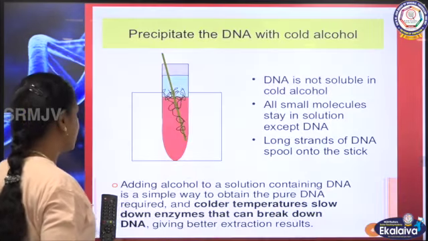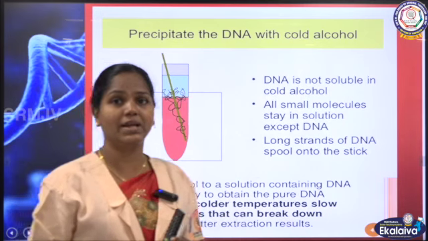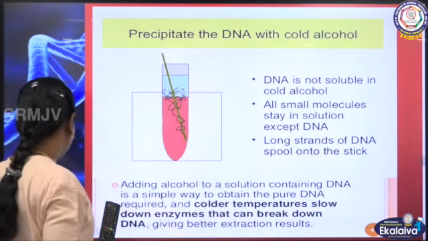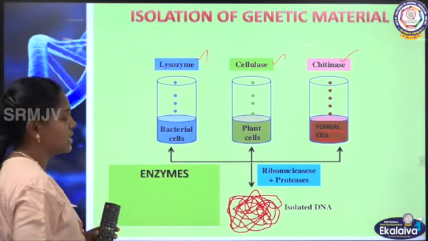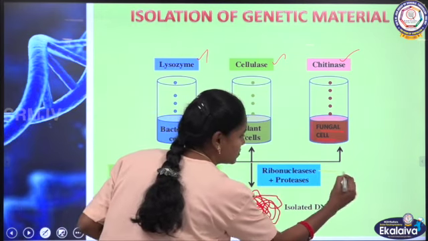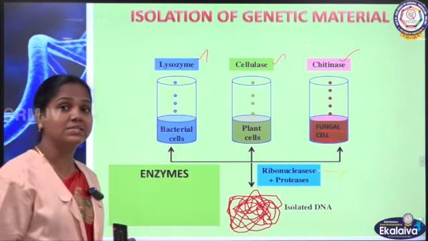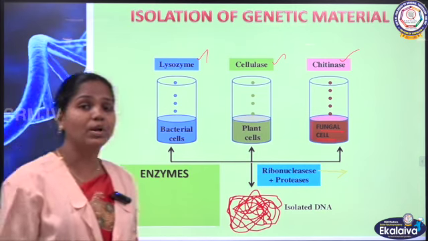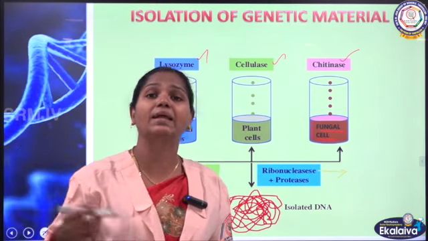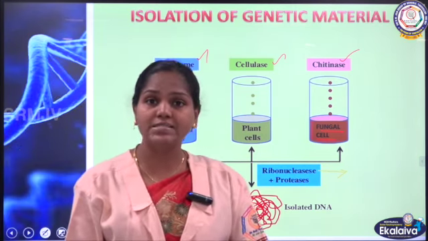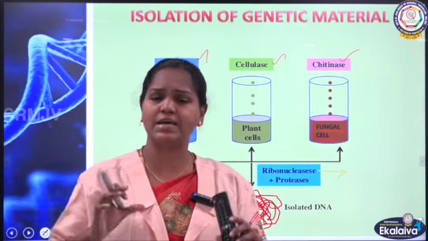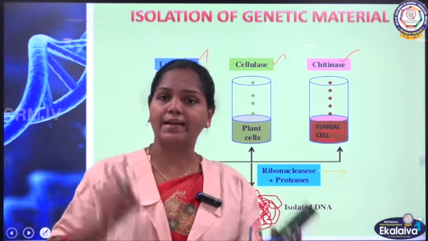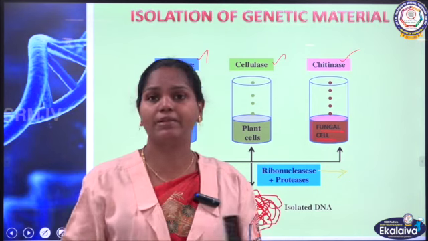So now we lysed our cell, we stabilized our DNA, and in addition, after lysing, you will be using some other enzymes. The first one is ribonuclease enzyme, RNase, to lyse our RNA. If the cell has any RNA, by adding RNase the RNA will be lysed.